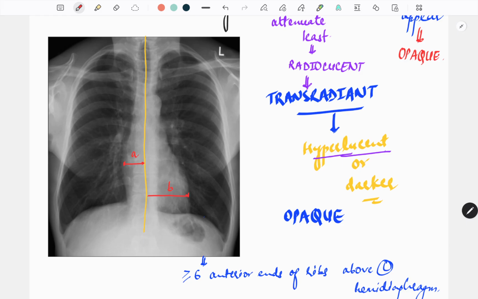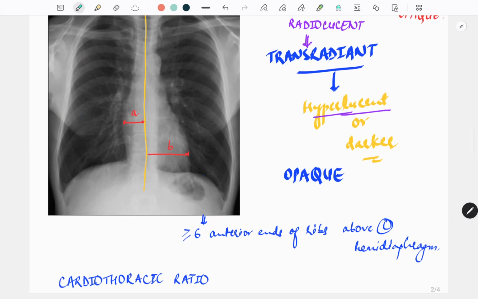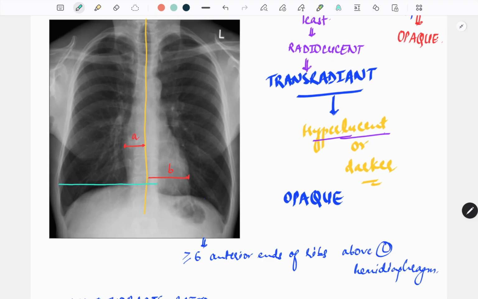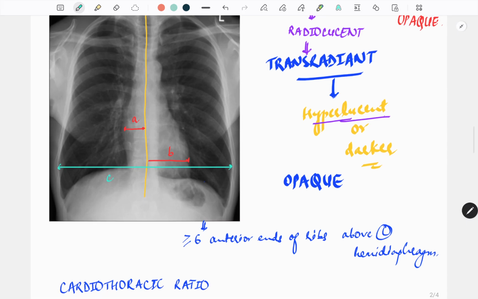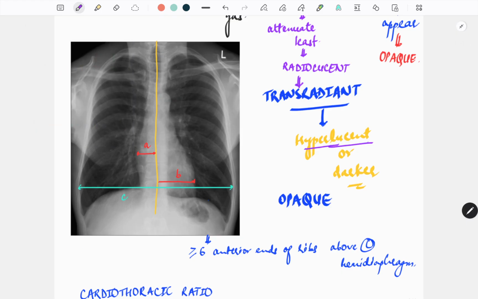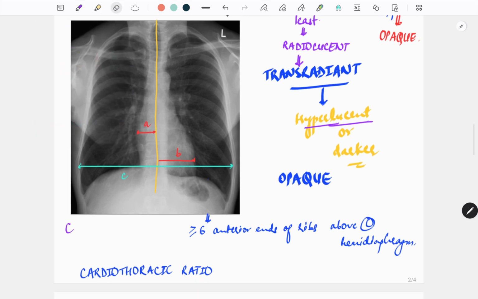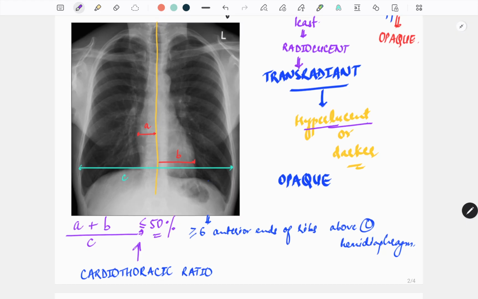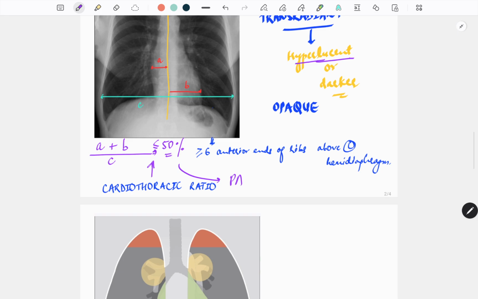I'll mark this A and this B. And I'll take the maximum transverse thoracic cage diameter and mark it as C. For CTR, cardiothoracic ratio, it would be (A + B) / C. And it should usually be less than or equal to 50% on a PA radiograph.